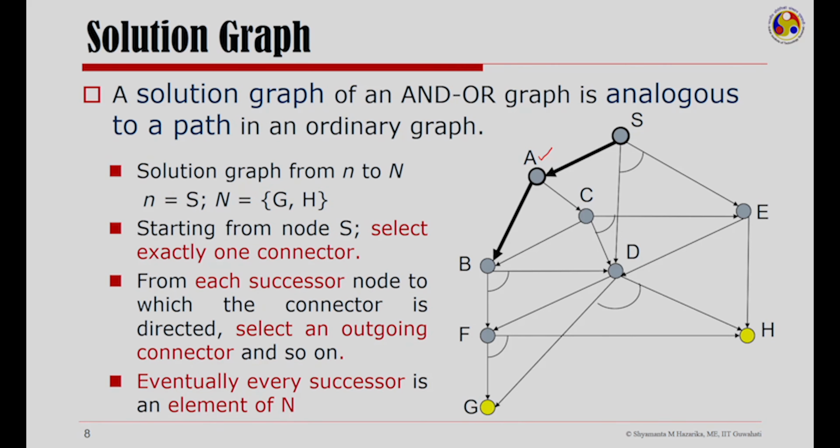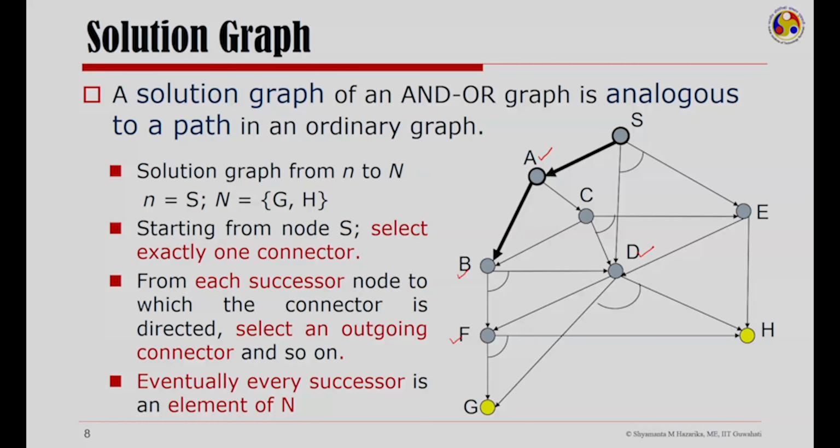If you focus your attention on the node B, you would realize that B has a 2 connector leading to nodes F and D. What this means is that in order to solve B, I need to solve F as well as solve D.